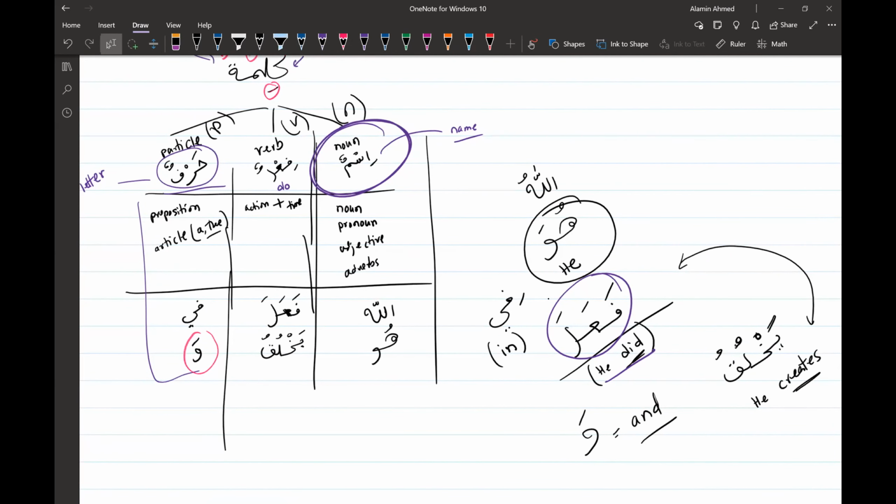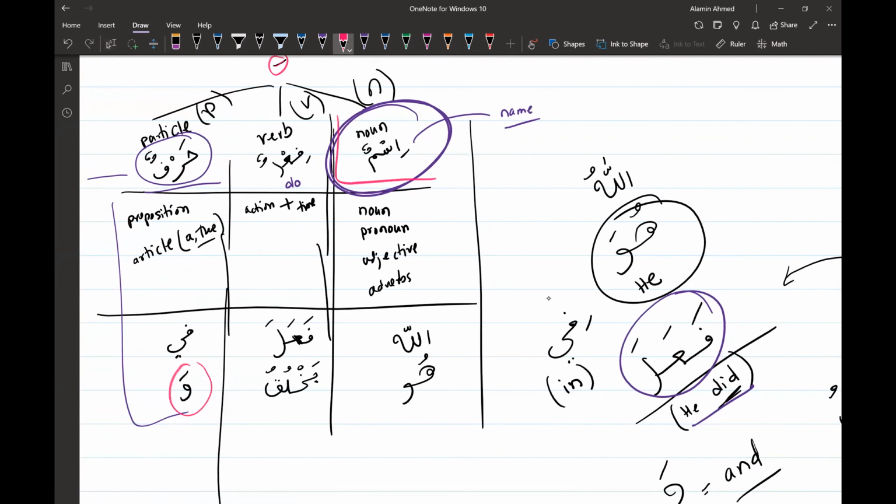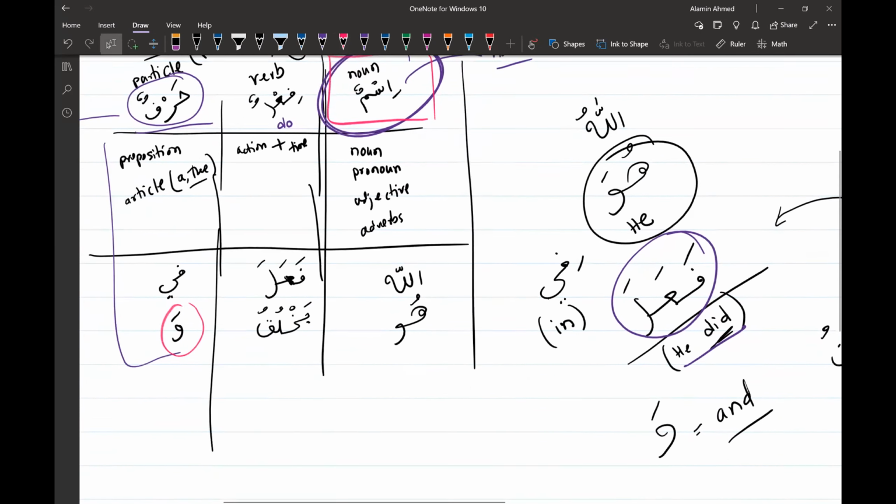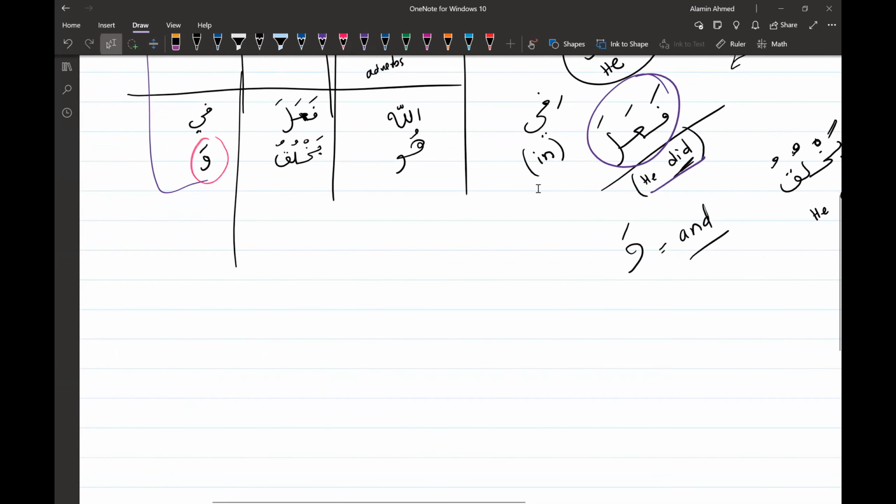And we said that in the beginning we will be focusing extensively on the ismun, anything that goes with that, and then we'll come back to the fi'l later. So we'll start with the noun, ism.